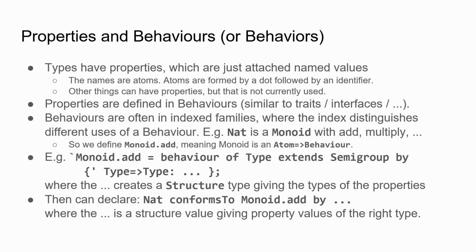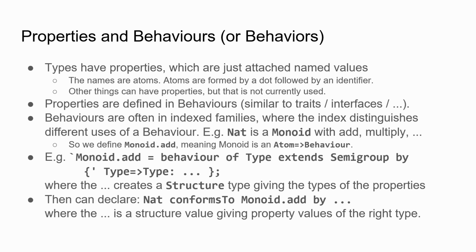All right. So we write that in my language something like monoid.add equals a behaviour of type. As I said, you can have behaviours of different things, but we're interested in behaviours of types. So that will be a recurring thing here. It extends semigroup, so it's just got a little bit of extra added on to semigroup.